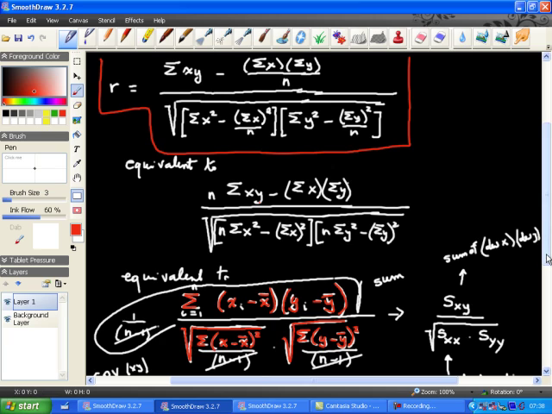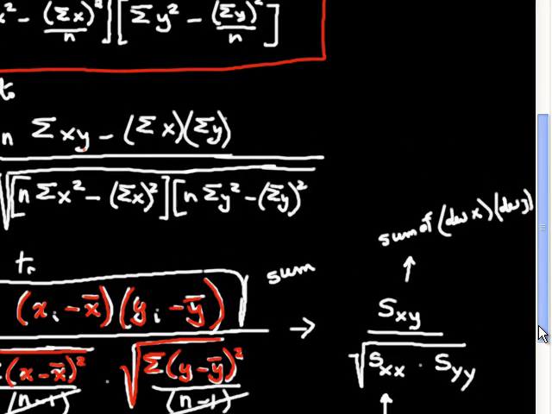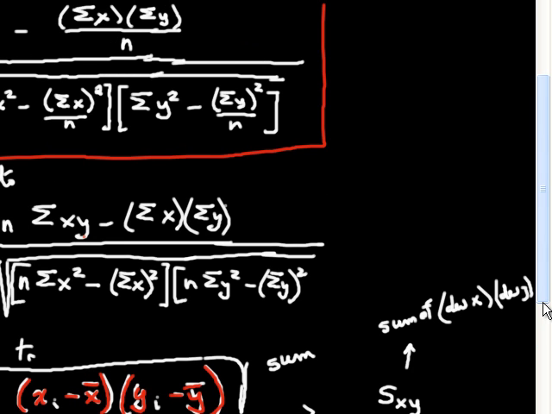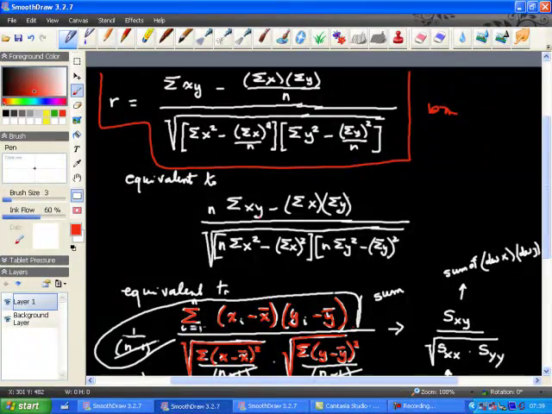And there is another equivalent formula. Similarly to the computing and reasoning formulas for standard deviation, this one is the computing formula for the correlation coefficient, and this is more like the reasoning formula. This is the sum of the products of the deviations.